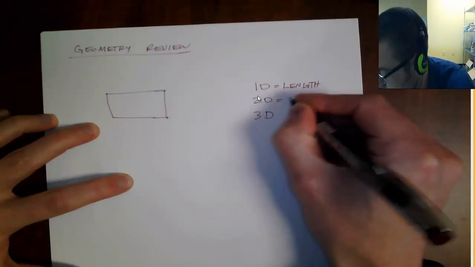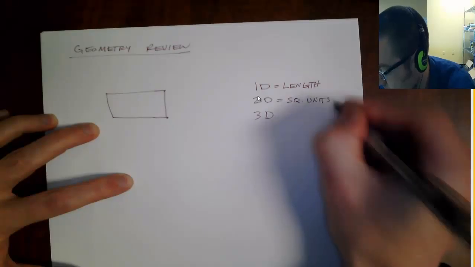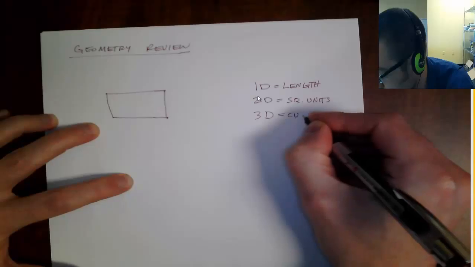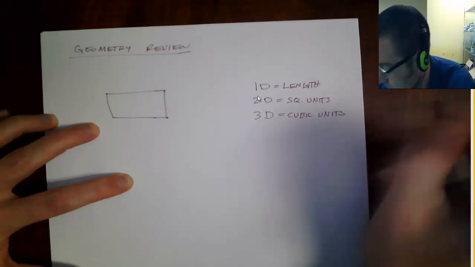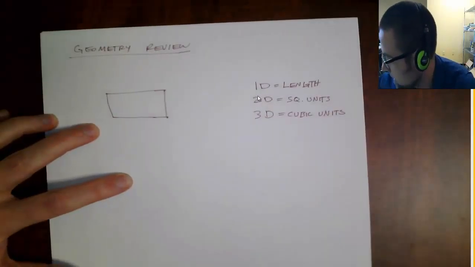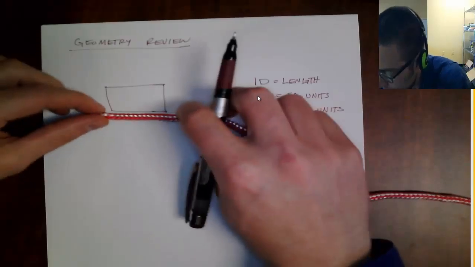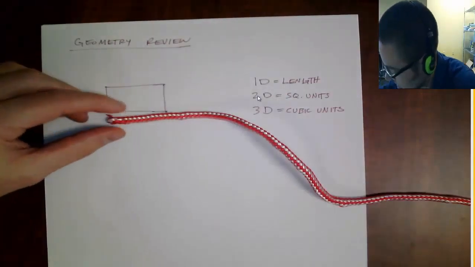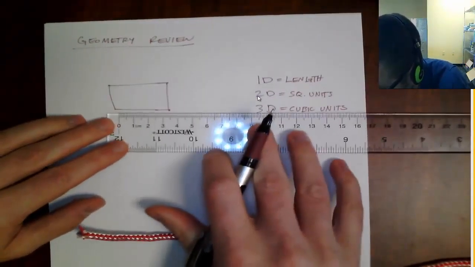Two-dimensional, we say is measured in square units, and three-dimensional we measure in cubic units. Okay, so length you can think of as a string, right? So first I could measure this, and that's what a ruler is good for, measuring one-dimensional things.